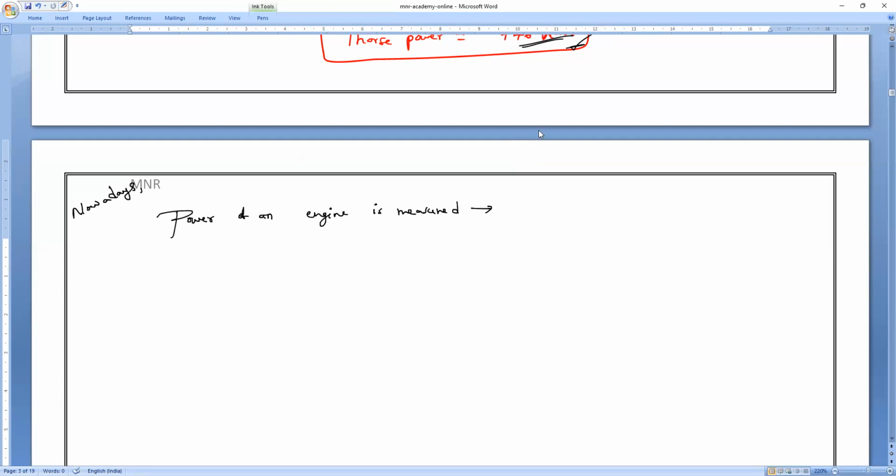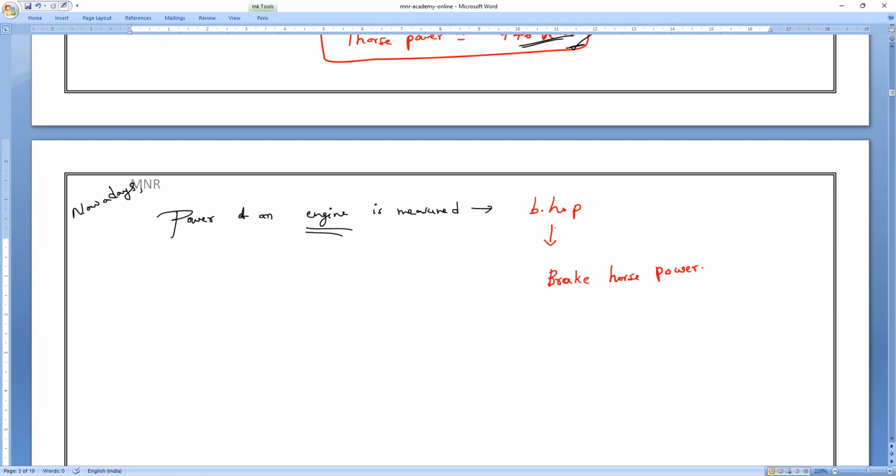So from today, observe that for the power of an engine, mainly for car engines, bus engines or vehicle engines, it is measured in BHP. Of course, BHP is equal to HP. BHP means brake horsepower. So this is a more commercial unit which we use in our daily life.